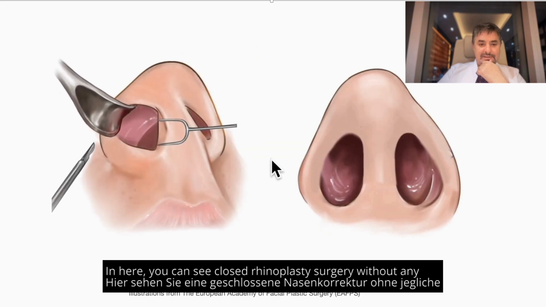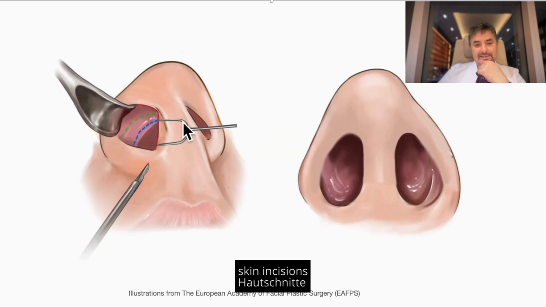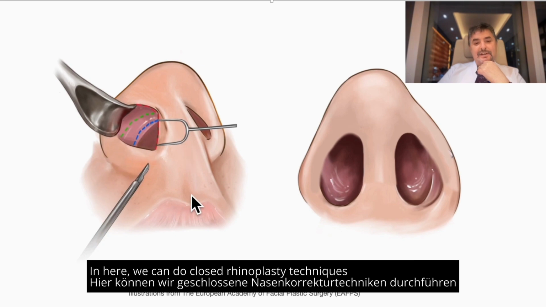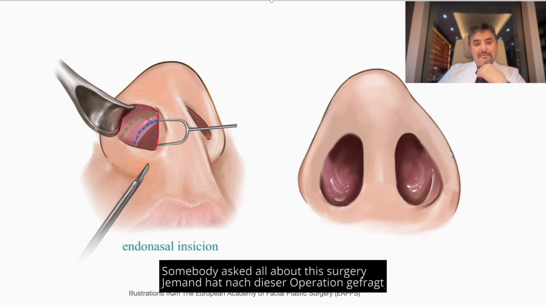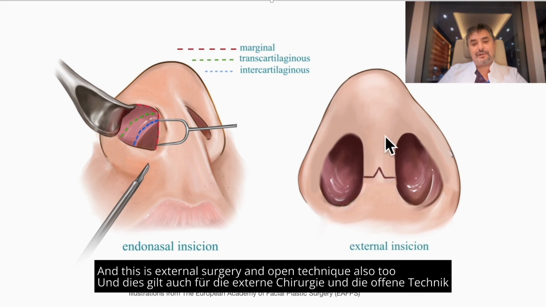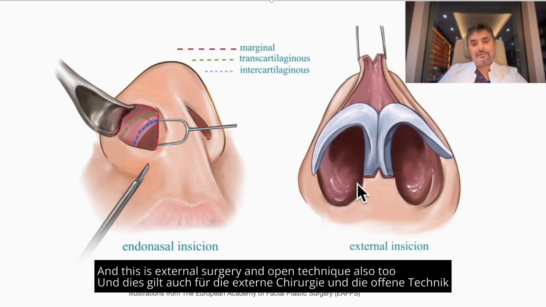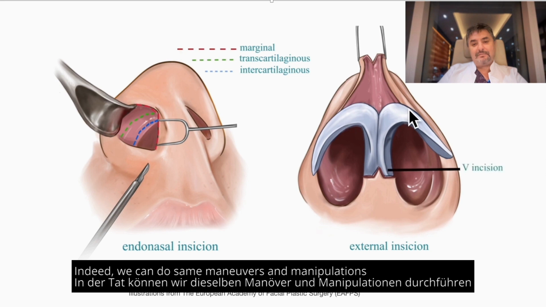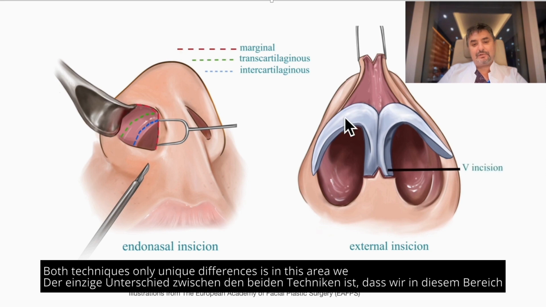Here you can see closed rhinoplasty surgery without any skin incisions here. We can do closed rhinoplasty techniques. Some people call this surgery endonasal surgery, and this is an external surgery and open technique too. Indeed we can do the same maneuvers and manipulations with both techniques.